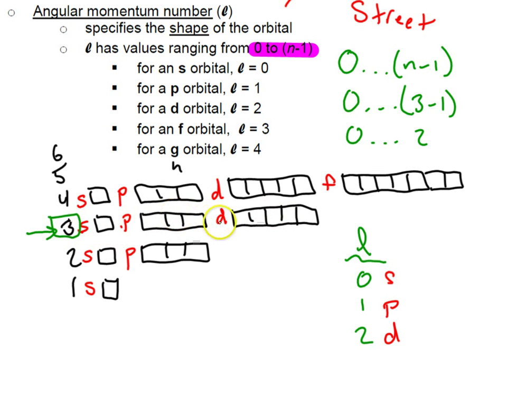S, p, and d. What this allows you to do is for larger energy levels, for example 6, you would be able to calculate how many orbital types would be there, even if you can't picture the orbital diagram yourself. So this is an important equation, and we'll reference it as we continue. All right, moving on.